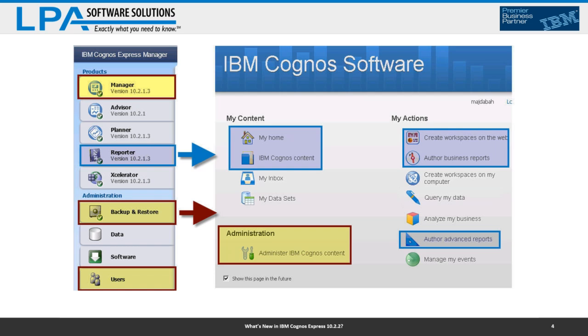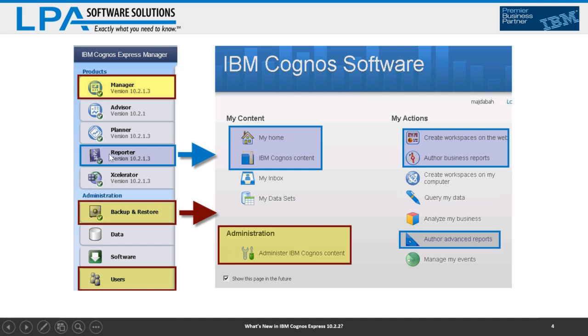Users would be defined in Microsoft Active Directory or another security or authorization source to BI. But Backup and Restore and the other functions of Manager map over to the administration features in business intelligence through this tool. This is the welcome screen on what's known as Cognos Connection, which is part of the BI stack.